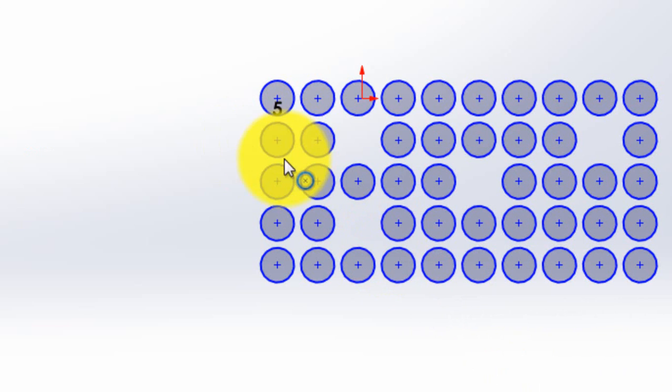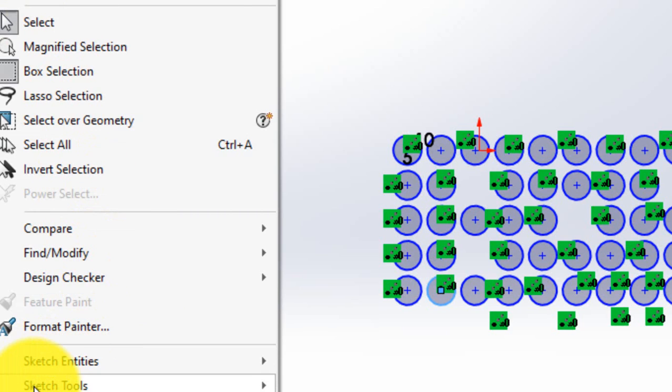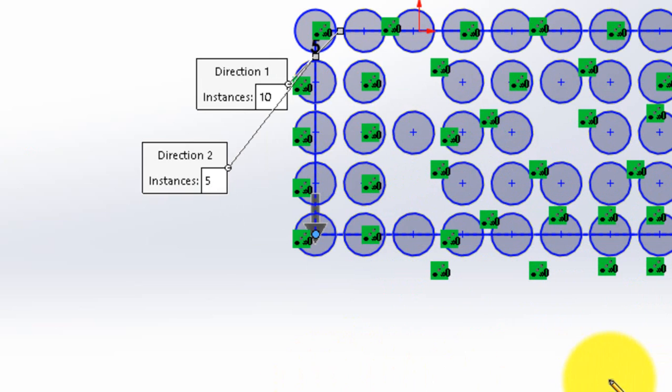To edit this linear pattern, we have to select at least one pattern member, and then go to Tools, Sketch Tools. You see now the edit linear pattern option is available. Simply select it, and let's say I want back all of those pattern members that I removed previously.